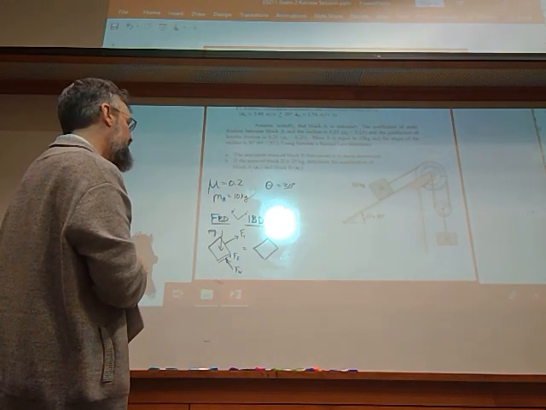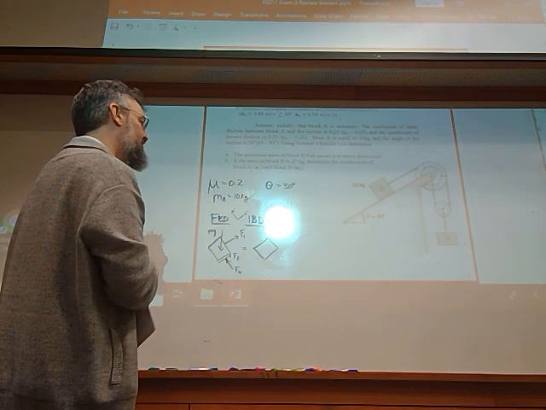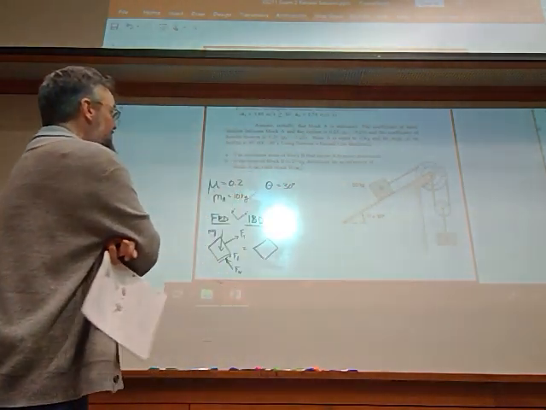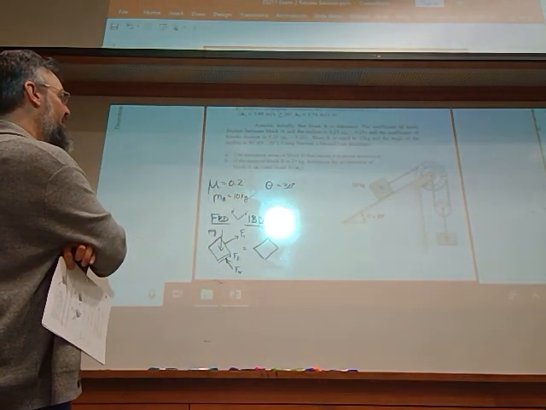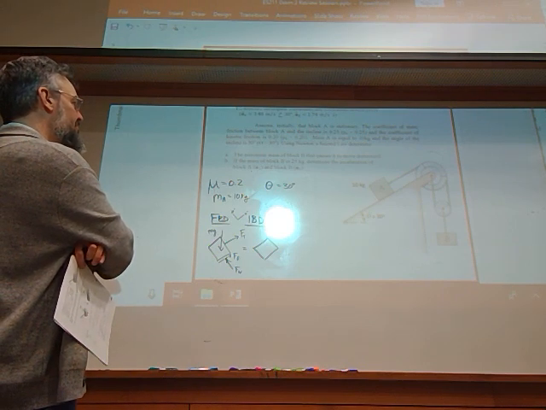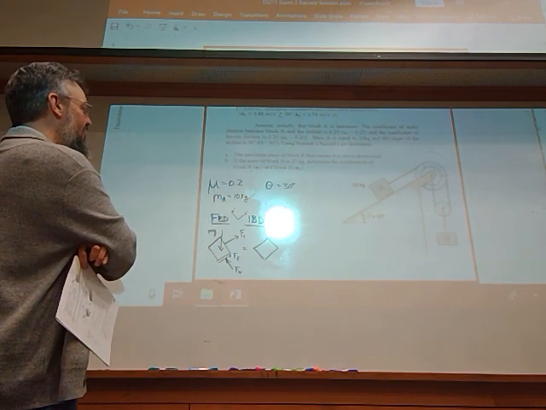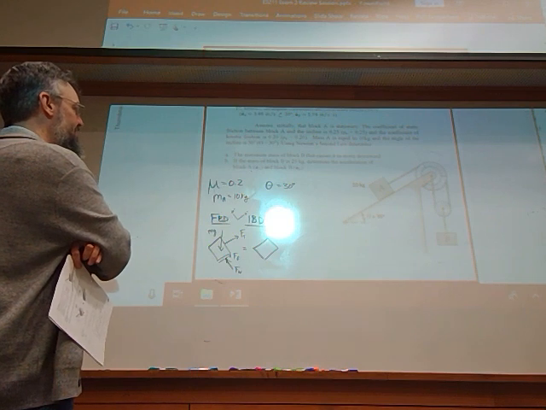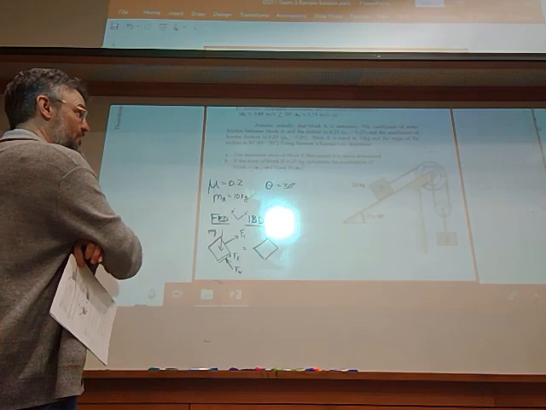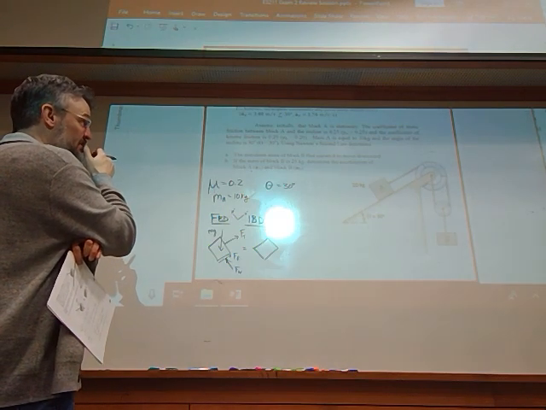We don't quite know which way it's going to move. Is it going to move this way or this way? First off, we're saying the minimum mass of block B that causes it to move downwards. I'm going to guess, since I don't know 100% until I get the solution to part A, whether block A is moving down the slope or up the slope, unless they're talking about block B moving downwards.